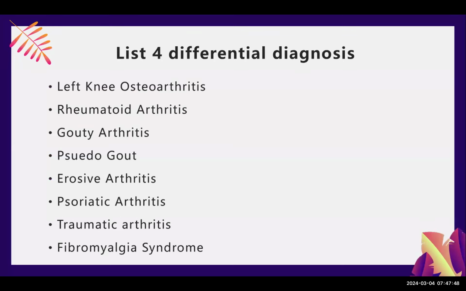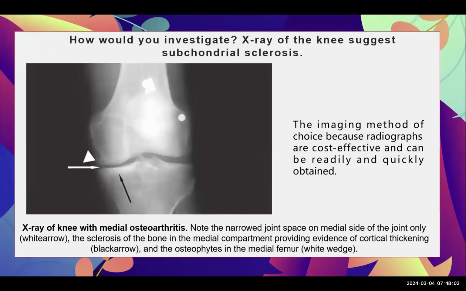Just to note that the question asked for 4 differentials, which in this context could be: left knee osteoarthritis, rheumatoid arthritis, gouty arthritis, pseudogout. Other differentials are listed below. The next question was, how do you investigate? Started by the X-ray of the knee suggesting subchondral sclerosis.